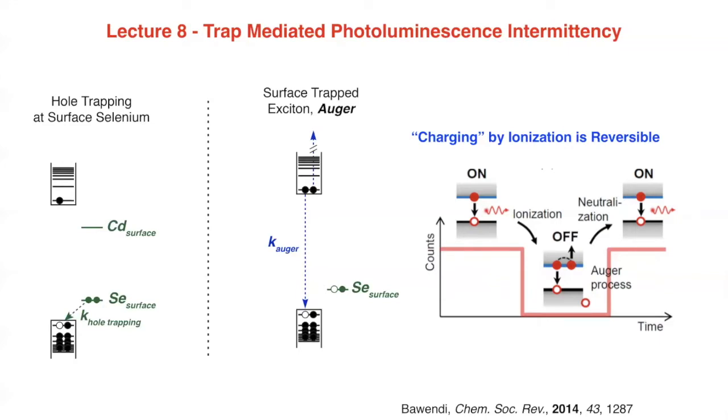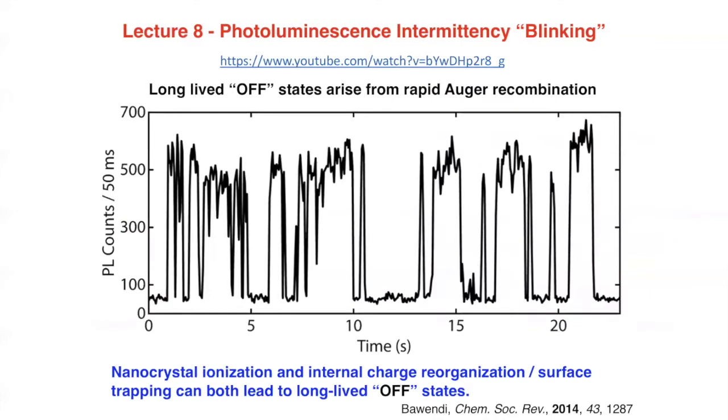The product trion is dark relative to the on state, and then somehow it neutralizes and returns to its original charge state and suddenly turns on again, and this gives rise to photoluminescence intermittency, or blinking. Okay, so the photoluminescence quantum yield in a quantum dot is strongly dependent on the surface chemistry of the sample. Surface chemistry of the sample will play a big role in these kinds of blinking traces.